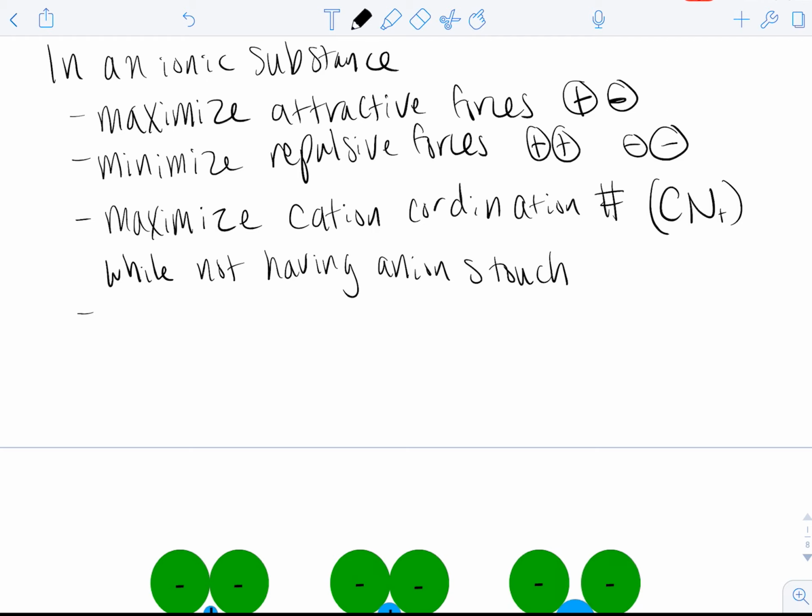So in order to do this, we look at the radii of the cation and anion.